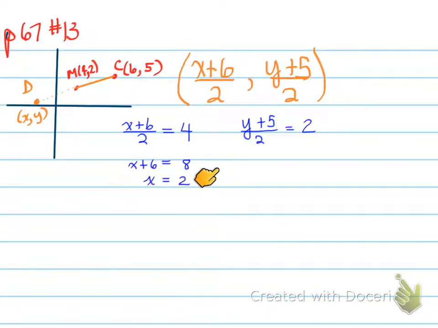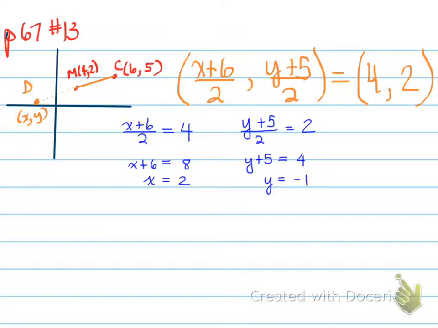In this case, 2 plus 6 divided by 2 gives me 4. Do the same for the y. You get y plus 5 is equal to 4, and then y is equal to negative 1. So the coordinates of D are (2, negative 1). That is the coordinates.